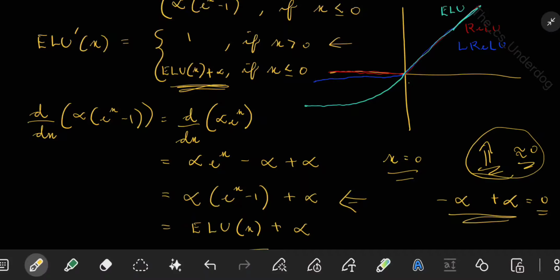Now think, what advantage are you going to get because of this ELU function, the exponential linear unit? First thing is, you know it is smooth and differentiable here. So this gives you stable and efficient optimization. What is the whole purpose of this activation function? You want to make your optimization easier.